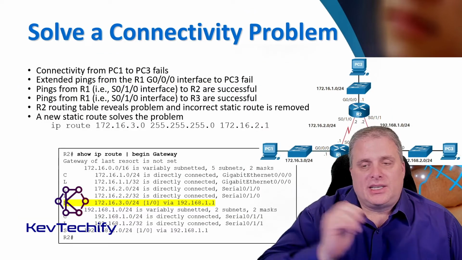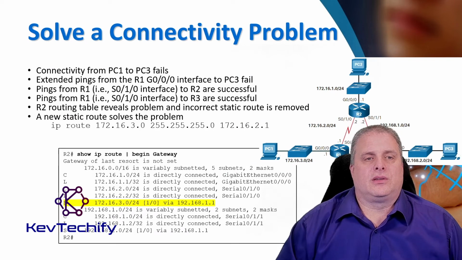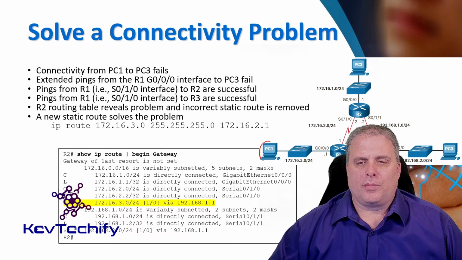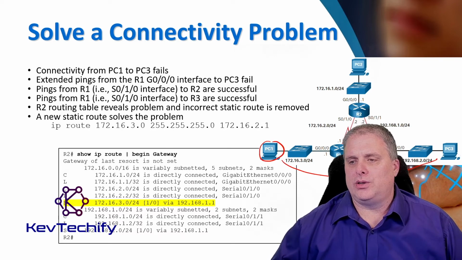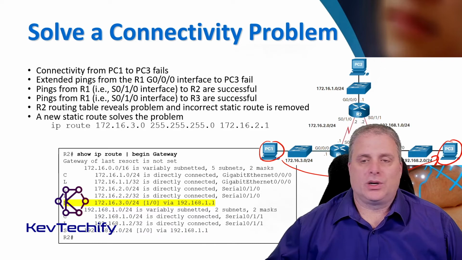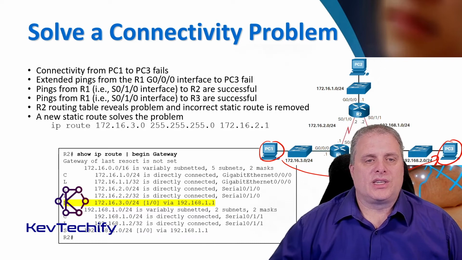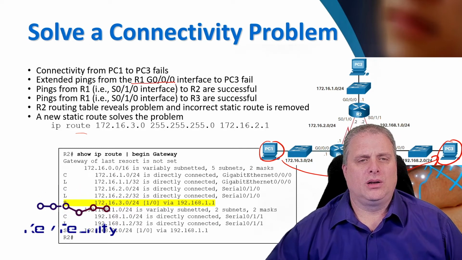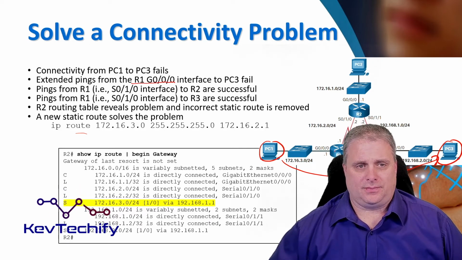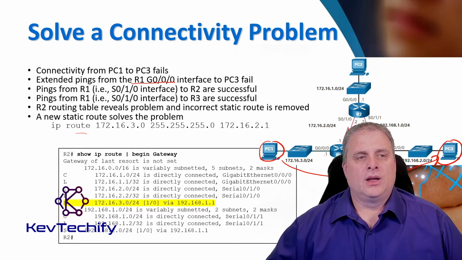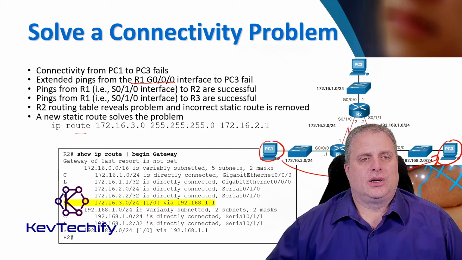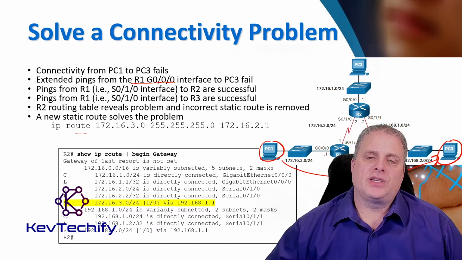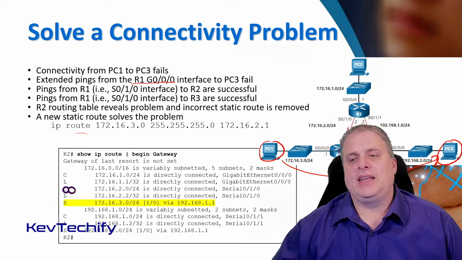To solve a connectivity problem, there's some processes you can go through. Here, once again, we're going to go from PC1 and try to connect to PC3. We're going to try to connect those up. We can send extended pings from R1 gig 0/0 interface, we can go onto R1 and say, okay, we're going to send a ping from this interface so it represents this network, and see if it can get all the way through that.